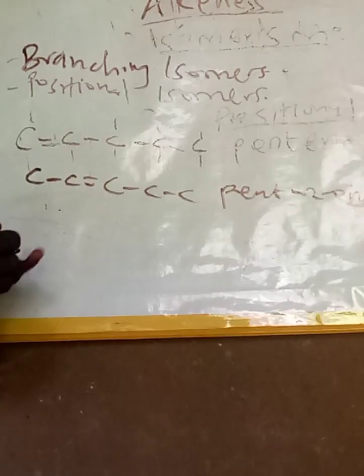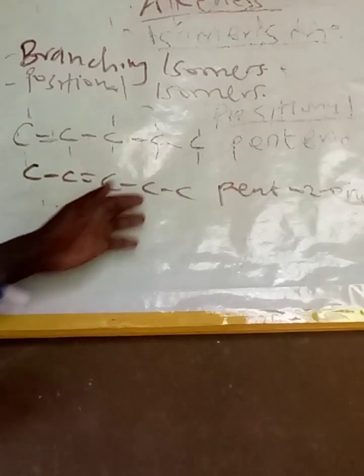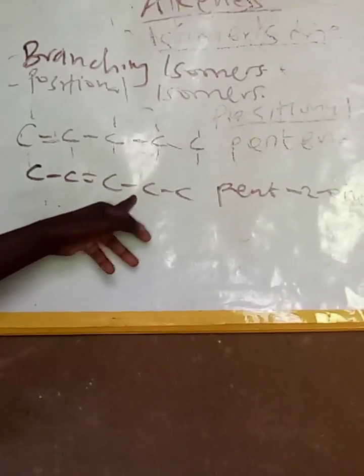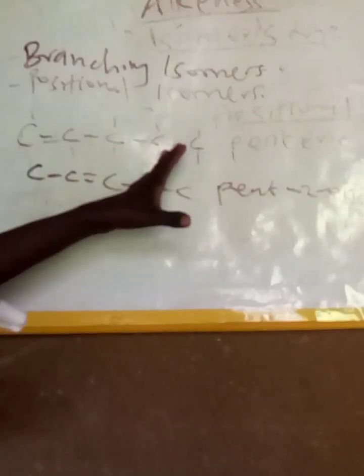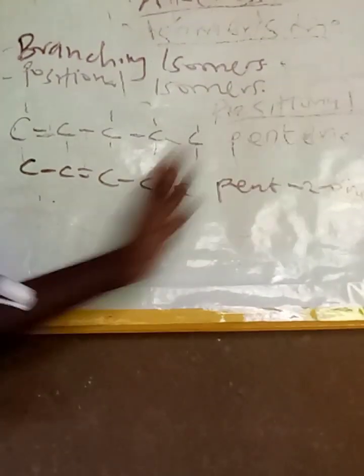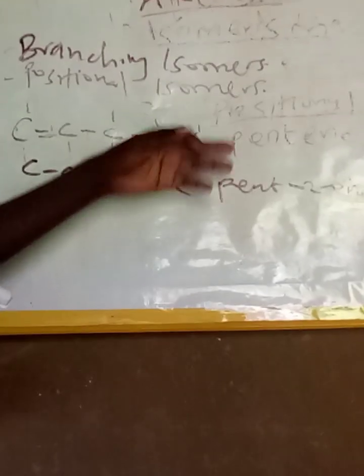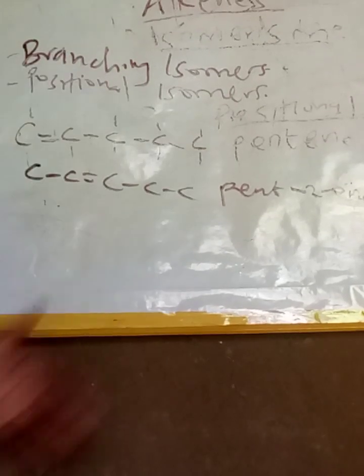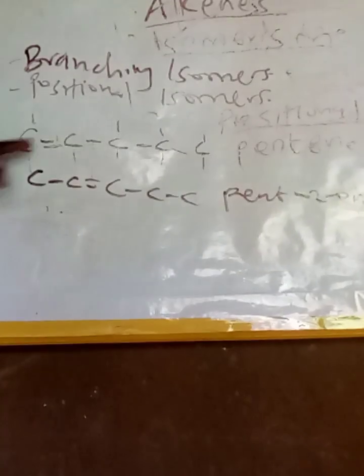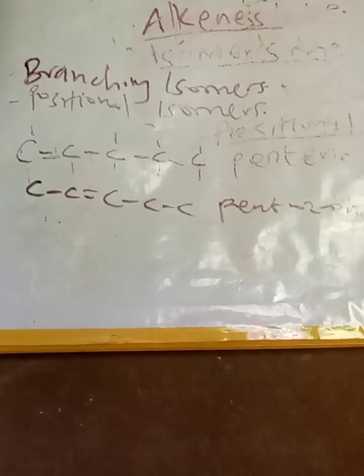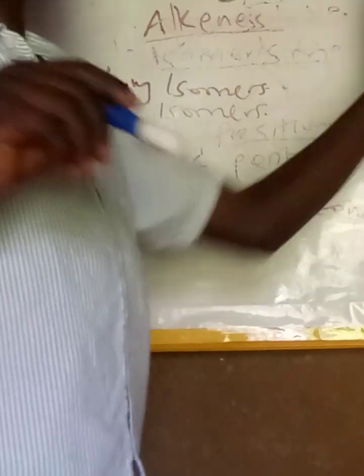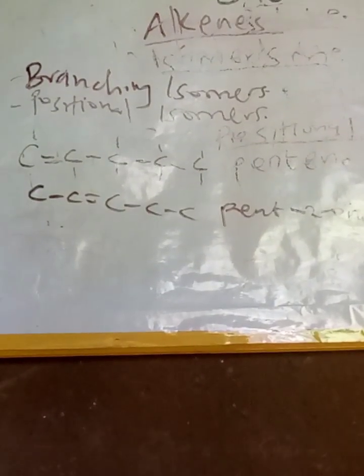No, not carbon number 3. So when you put it here, you will be forced to start counting from this side, and therefore all the positional isomers of this compound pentene are over. There are only 2. The first one is pent-1-ene and the second one is pent-2-ene.